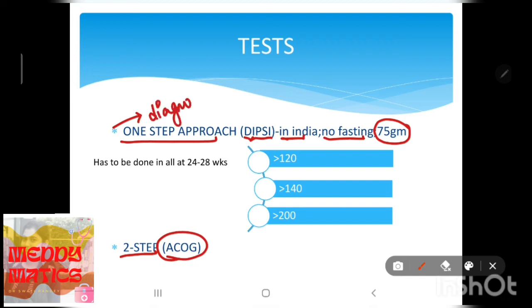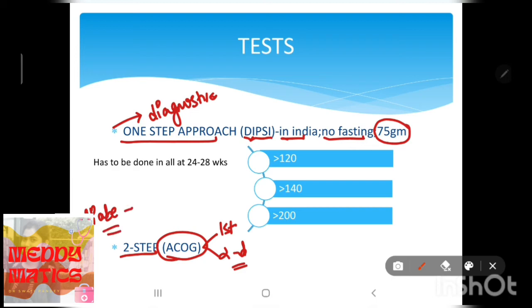The two-step approach has screening as the first step and diagnosis as the second step. In the first step, selective screening can be done, or universal screening can be done in areas where diabetes is not prevalent.